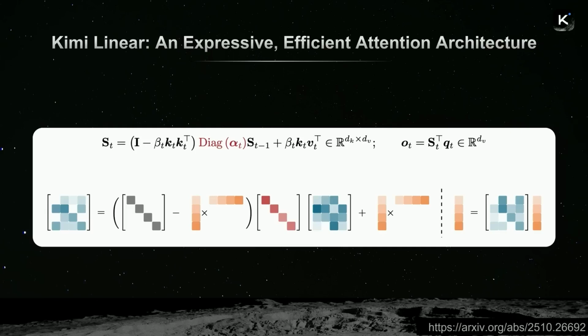So we introduced this key idea of having a fine-grained decay factor, as shown in this highlighted alpha term. Instead of being a scalar, it's a diagonal matrix, which controls the decay rate for each channel, so that we can have two possibilities.